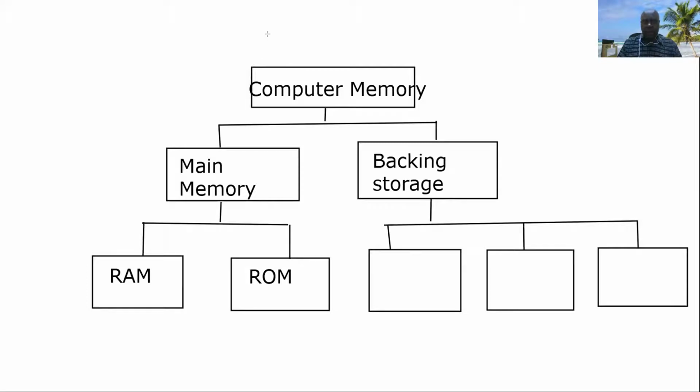The first one, we can say magnetic type of storage devices. The other one is optical, and the third one is solid state.